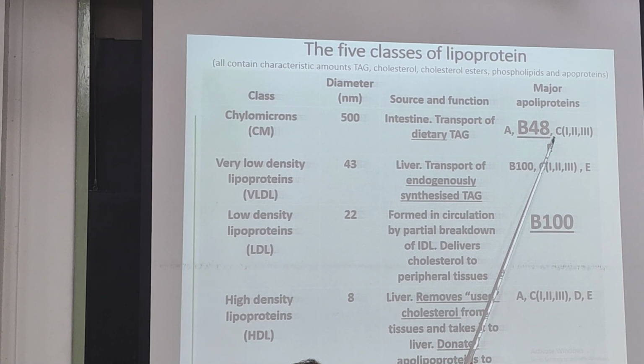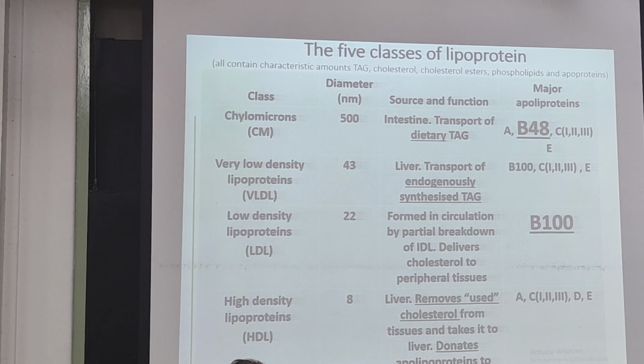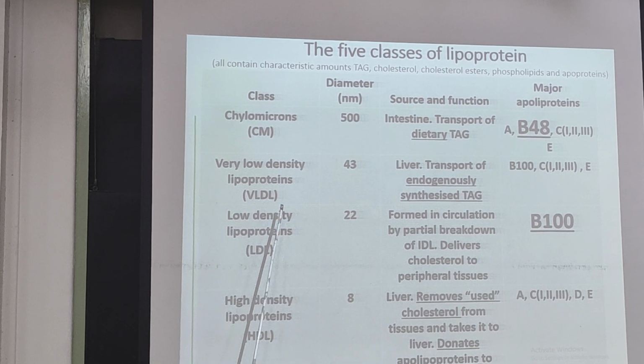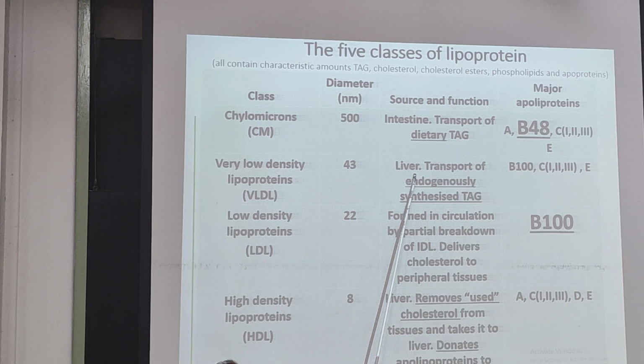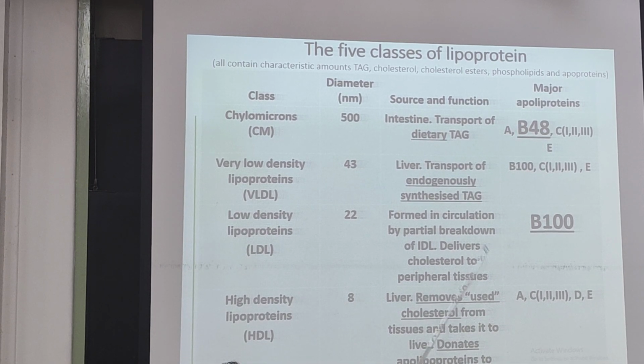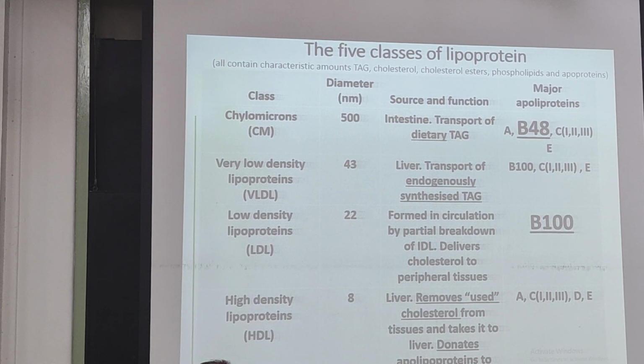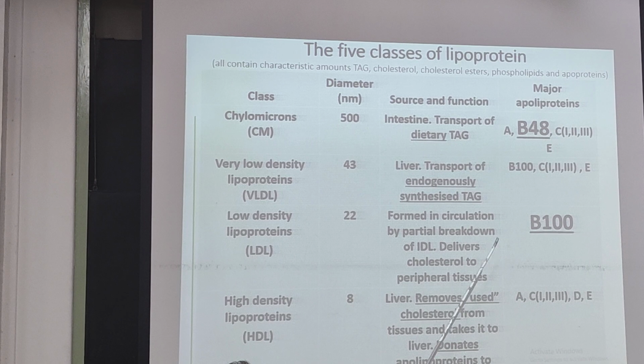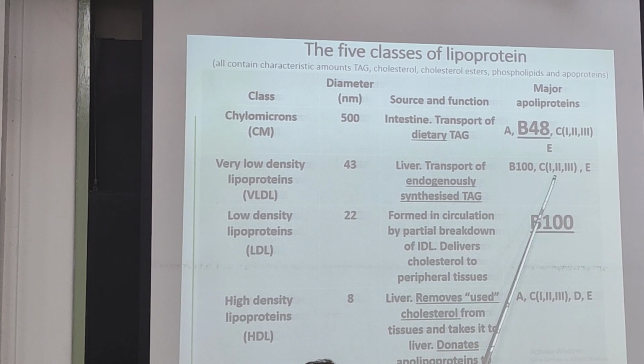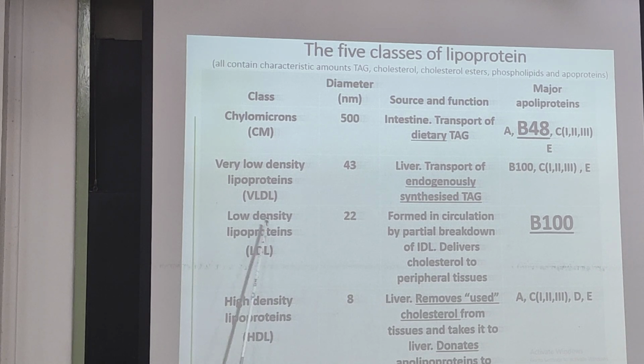The main apoprotein is ApoB48. VLDL, the site of VLDL synthesis is the liver, and its function is transport of endogenous lipids or triglycerides. ApoB100, C, and E are the main apoproteins.